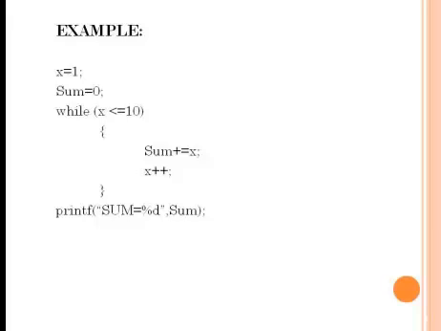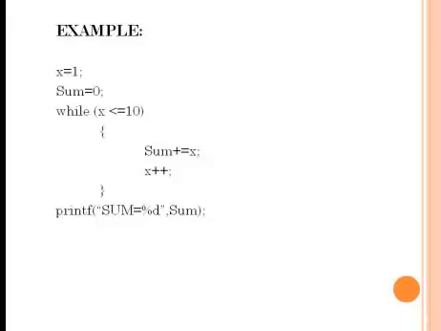The value of x is 1, and after evaluating the expression, the value of x is 2. So it will store 2 in x. x plus plus is the last statement of the while loop. So after evaluating this last expression, the control will transfer back to the while statement.